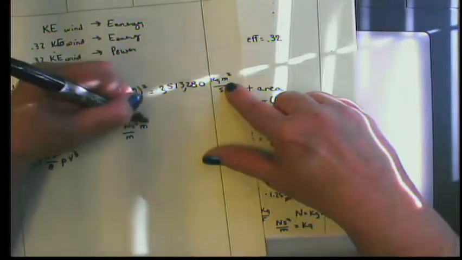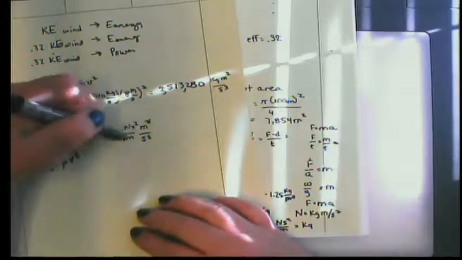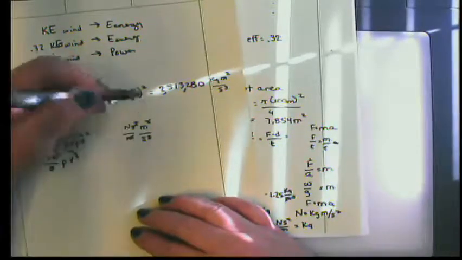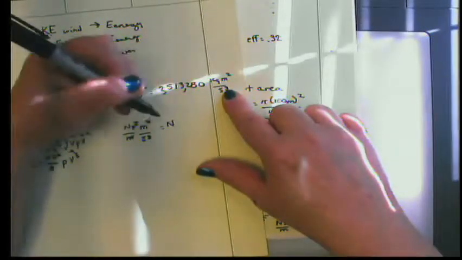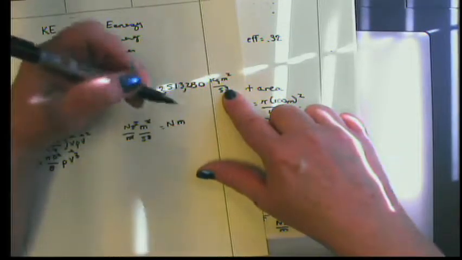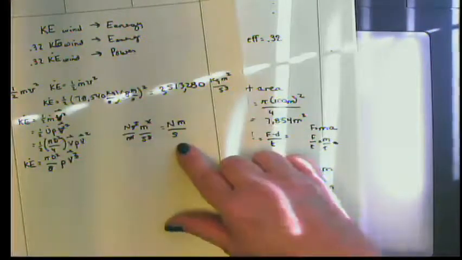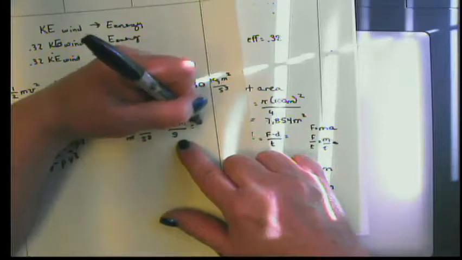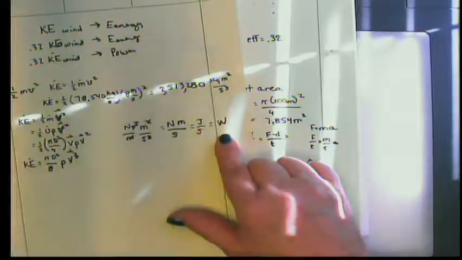So I'm substituting that in right there. Then I get meters squared, seconds to the 3rd. And if I cancel, what I see is that I'm left with this unit being equivalent to a Newton meter per second. So a Newton meter is a joule, and a joule per second is a watt.